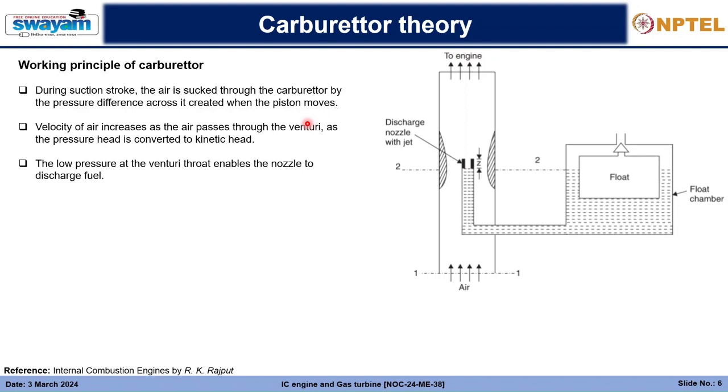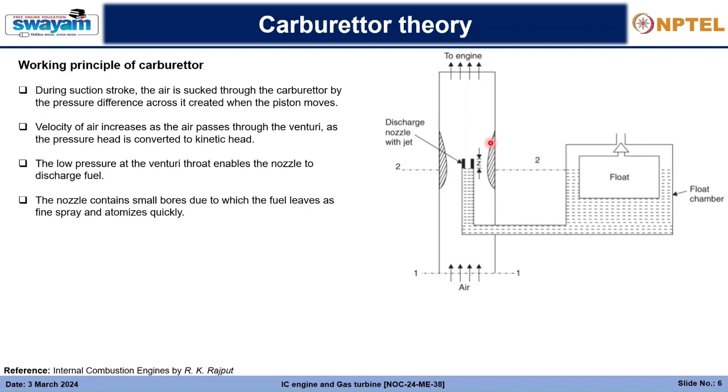So the low pressure at the venturi throat enables the nozzle to discharge fuel. Then the nozzle contains small bores due to which the fuel leaves as fine spray and atomizes quickly. So our main intention is that as soon as the fuel comes out of the nozzle, it completely and homogeneously mixes with the incoming air, so that the homogeneous mixture can later be conveniently burnt inside the cylinder.